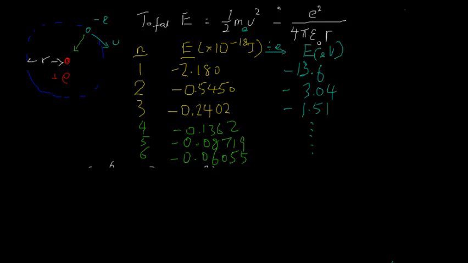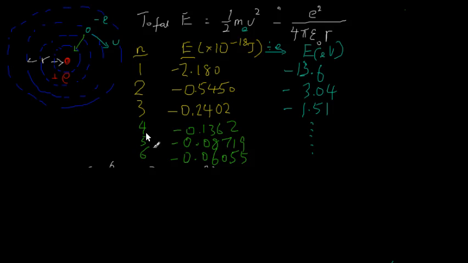So if I, for example, draw some circles to represent each of these orbits, I might have n equals 1, the smallest orbit because it has the smallest allowed radius. 2 might be the next size up, and then 3 the next one, 4 the next one, and so on and so on.